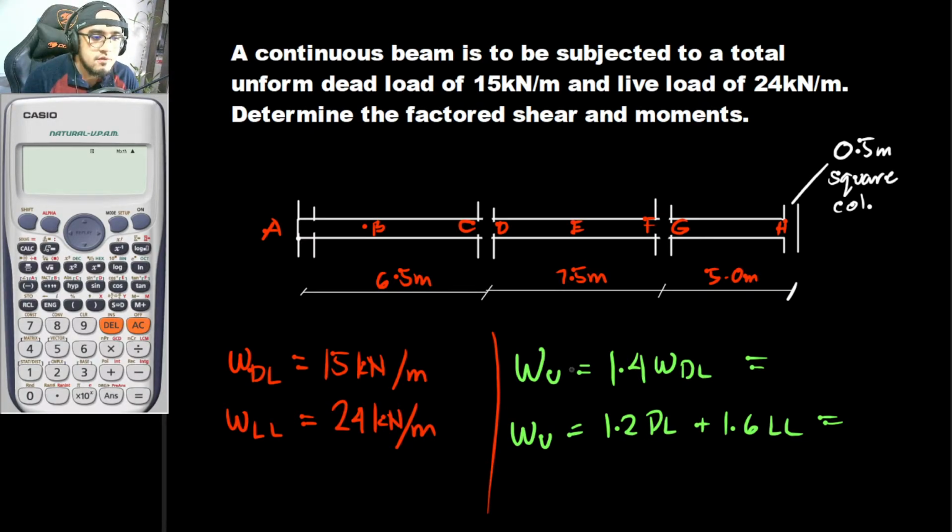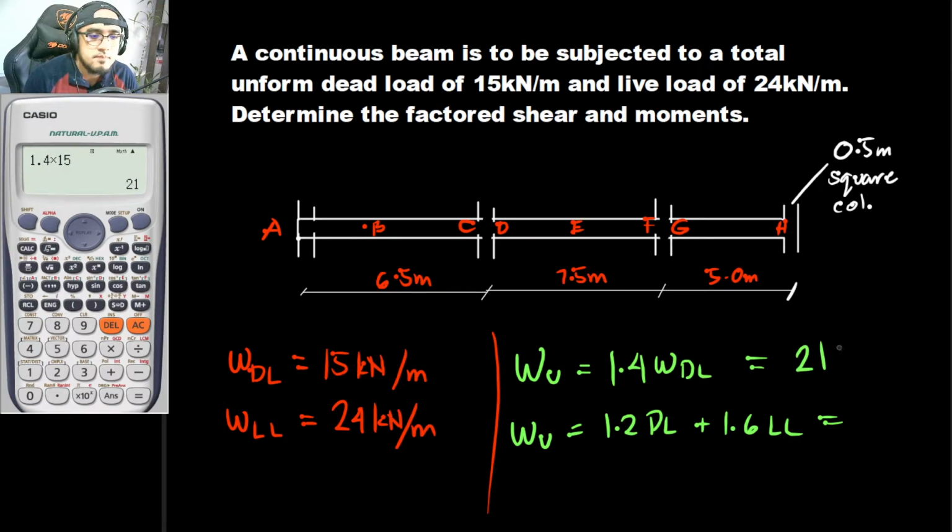For the first load combination, that is 1.4 times dead load. That is 1.4 times 15, which gives an answer of 21 kilonewtons per meter.